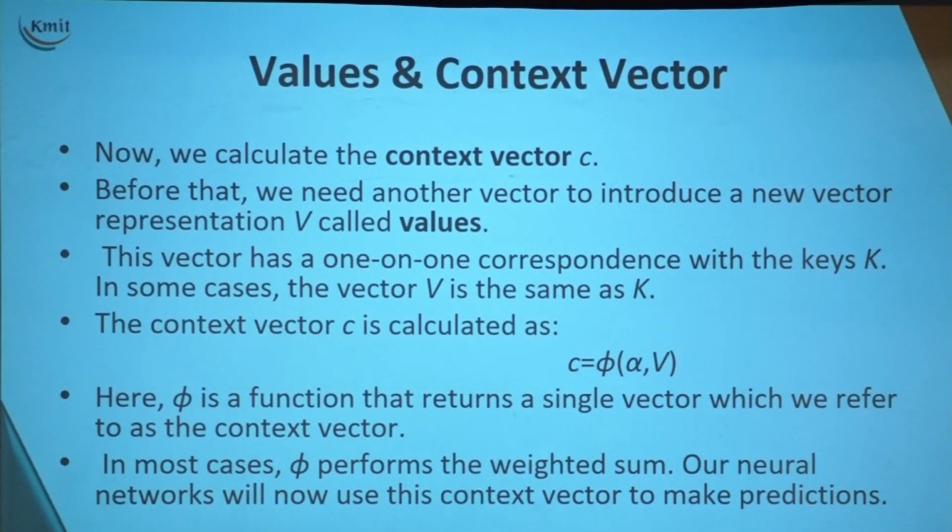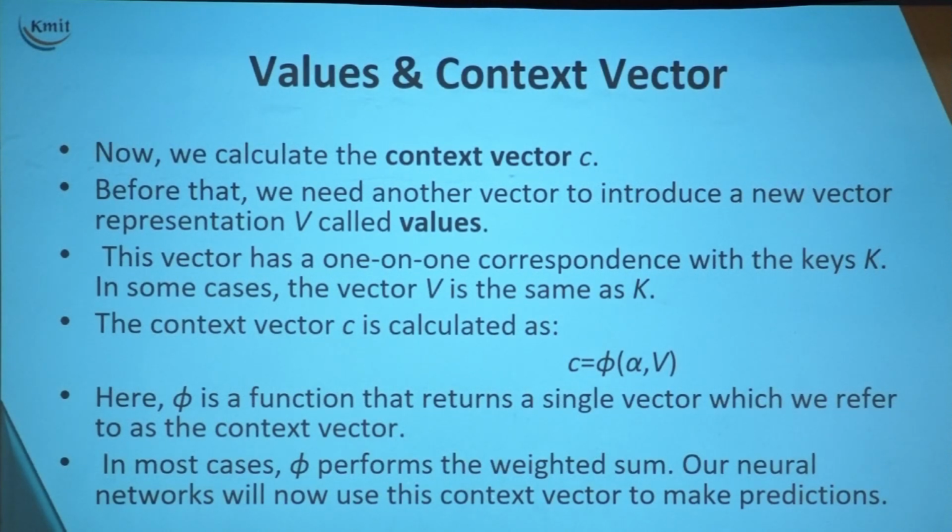Here the context vector is calculated as phi of alpha comma v, where phi is a function which returns a single vector called the context vector, and phi is a mathematical operation. Generally, it is a weighted sum operation. Normally, you all know what a weighted sum operation is, no? Yeah, a normal linear transformation.